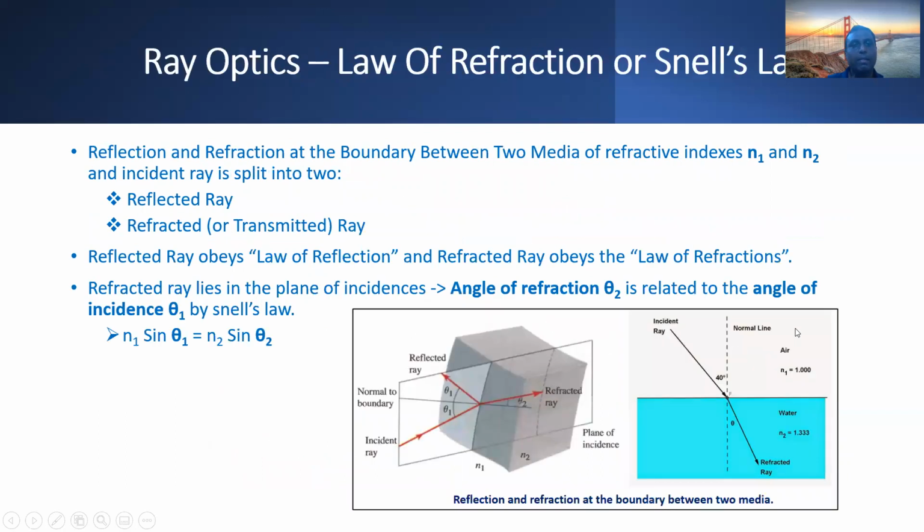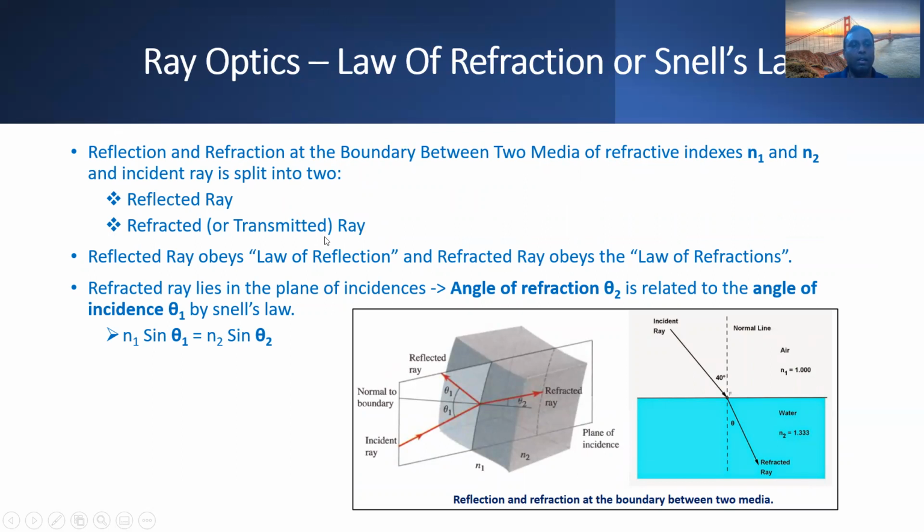All right. Next, let's look into the law of refraction, also known as Snell's law. Reflection and refraction occur at the boundary between two media of refractive indexes N1 and N2. The incident ray is split into two: one is the reflected ray, and the other is the refracted ray, also known as the transmitted ray.